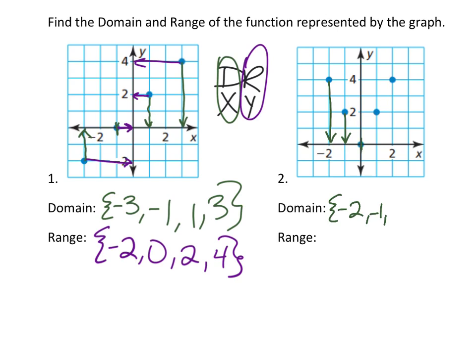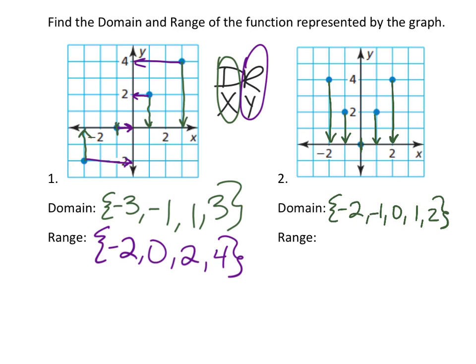What value is right here, though? 0. Thank you. Yeah, I keep dragging my numbers down. I have 1. And then 2. Are there any more numbers in this domain? No. That's it. You've listed off all the independent values or the domain input values for this graph.